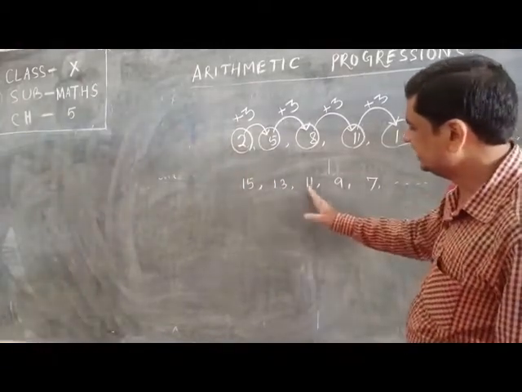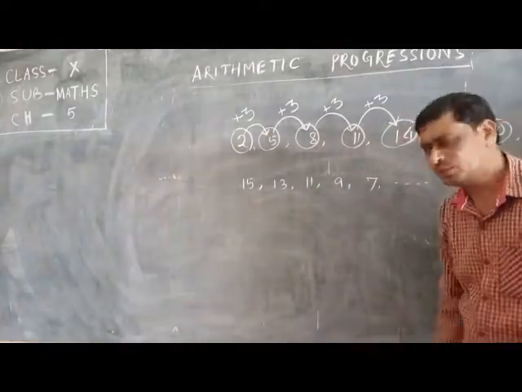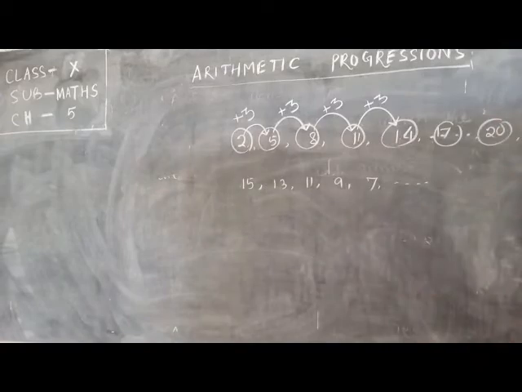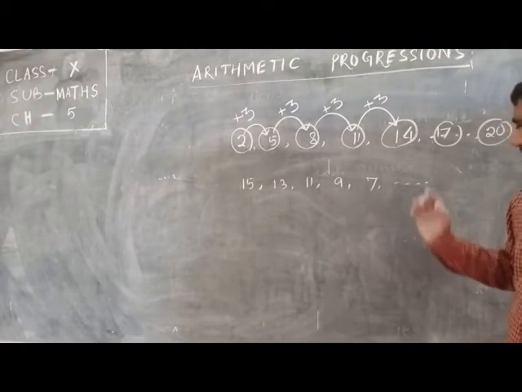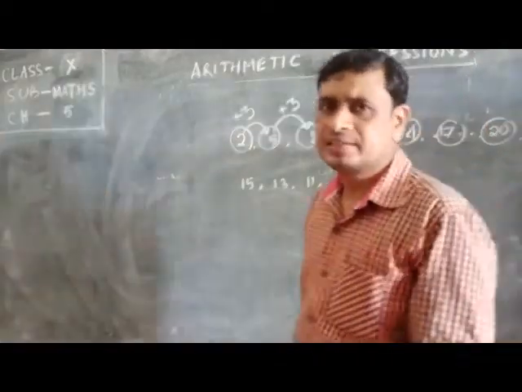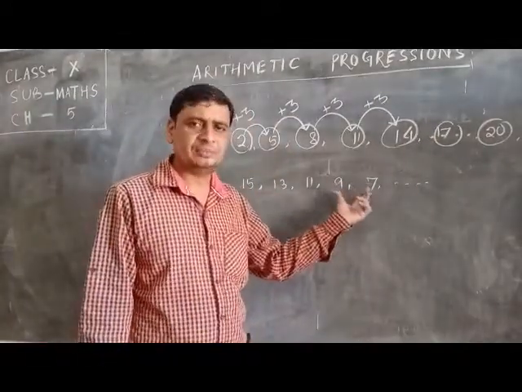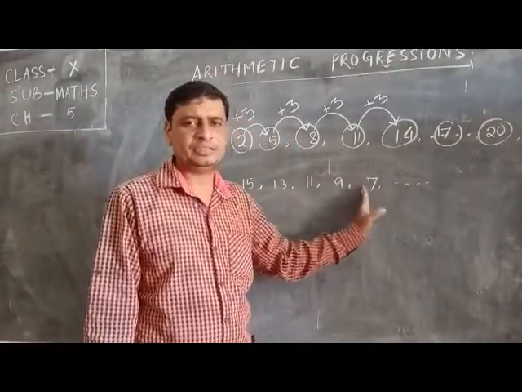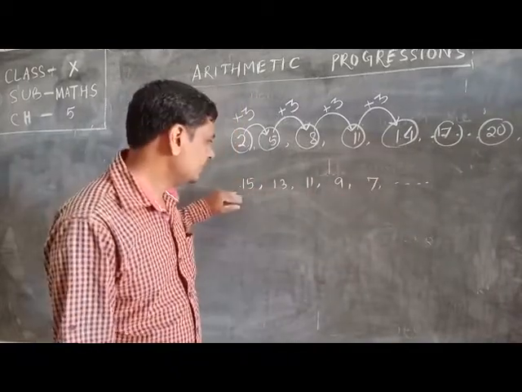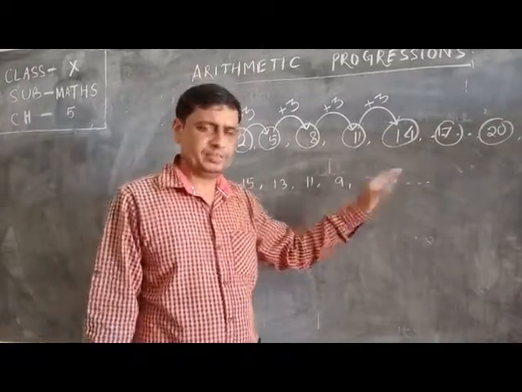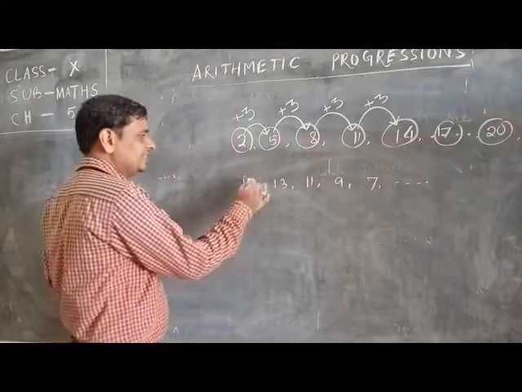Next, 13 and 11, the difference is 2. 11 and 9, the difference is 2. 9 and 7, the difference is 2. Since the difference of any two consecutive terms is equal, the series is said to be an AP. The difference is 2.